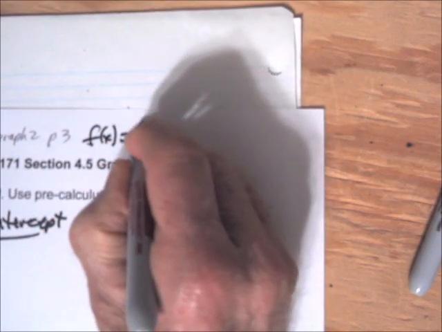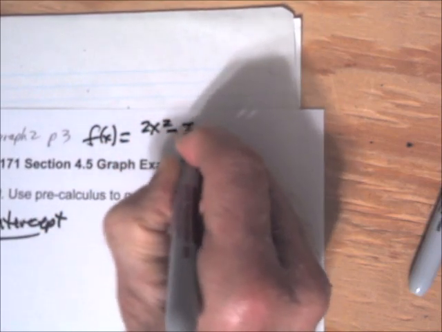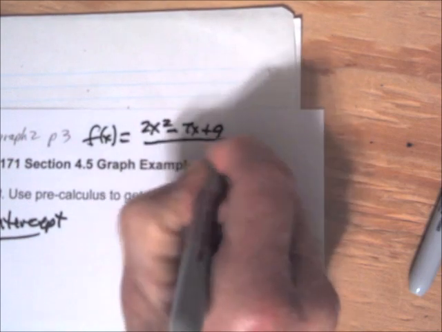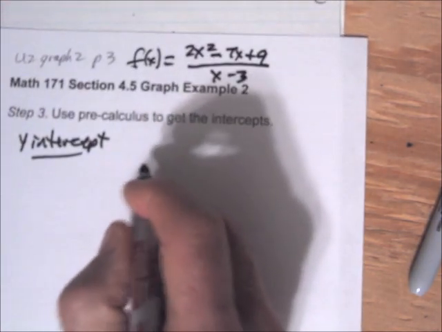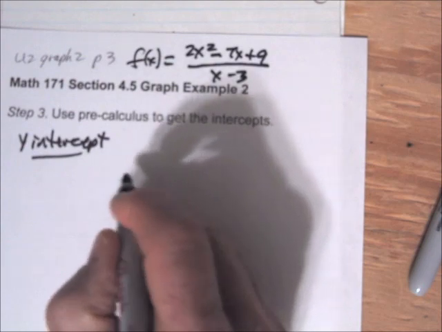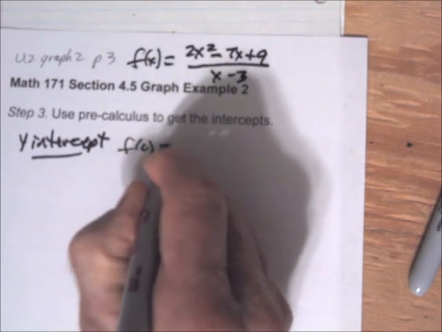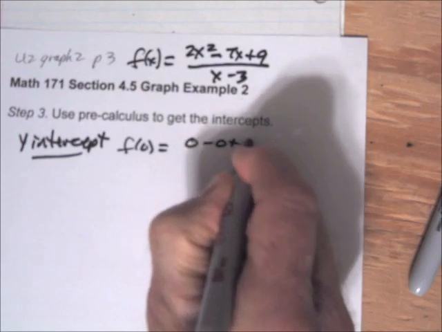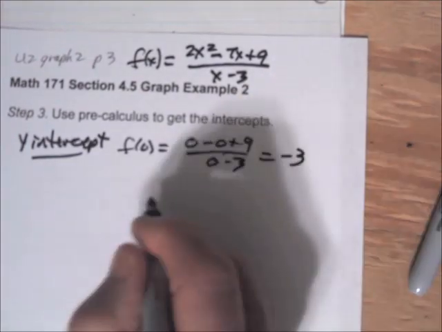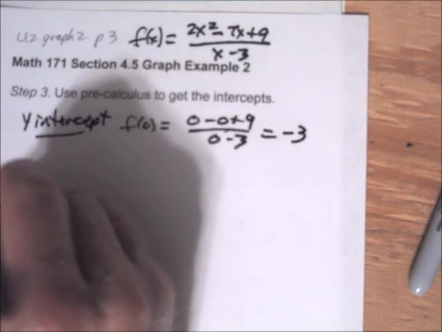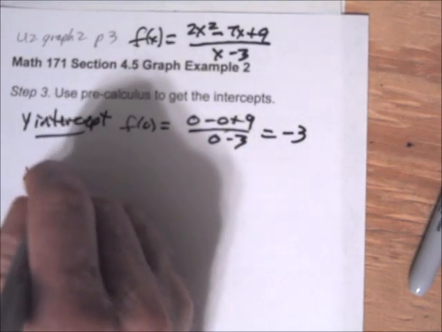So f of x, I'll write it up here, is 2x squared minus 7x plus 9 all over x minus 3. And then the y-intercept occurs when x is 0. So f of 0 is 0 minus 0 plus 9 over 0 minus 3, which would be negative 3. And the x-intercepts will occur when the numerator is 0.